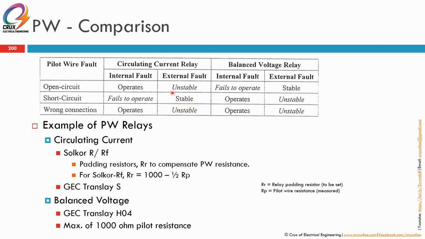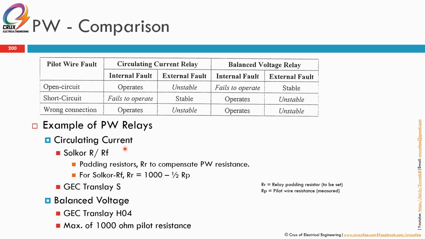For balanced voltage relay, if it's open circuit, it will not operate for both internal and external fault. While for short circuit, it will operate when there's some current flowing through the circuit, and it will be unstable for the external fault. Same goes for the wrong connection.